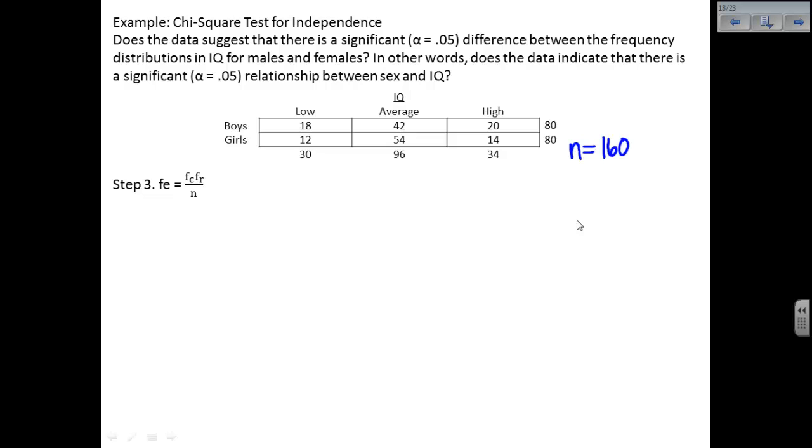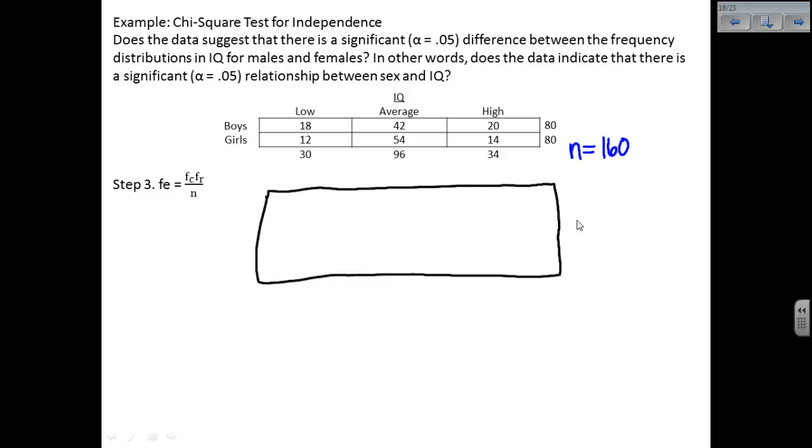So now let's go ahead and recreate this table. We've got low, average, and high, boys and girls. Those are our observed frequencies in our sample, and we're trying to figure out our expected frequencies. All right.